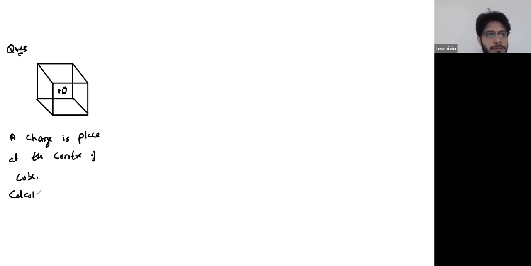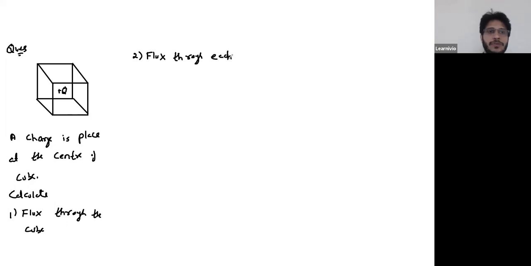Calculate, the first part, the flux through the cube. And the second part is the flux through each face.